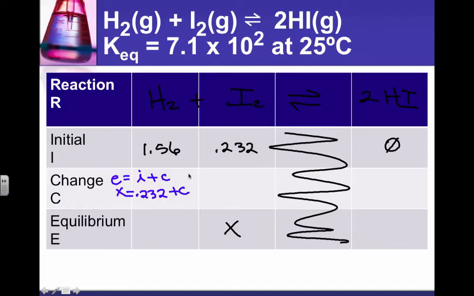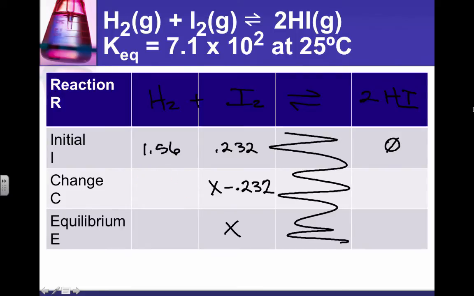So I have to figure out what to put in the change column for my iodine. I have to subtract 0.232 from both sides to get the change by itself. So I get a change in iodine of x minus 0.232, because our equilibrium always works out to be initial plus change.